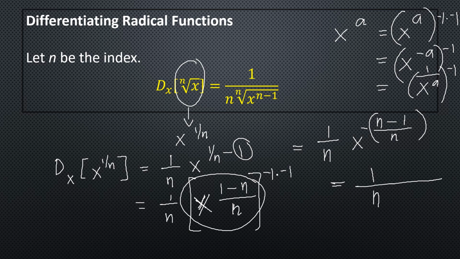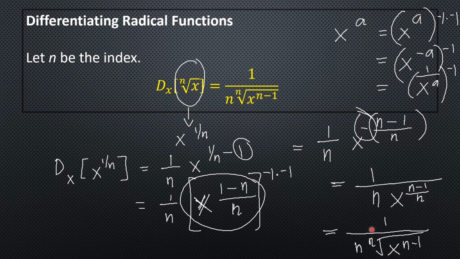So when we bring it down, this negative sign becomes positive. So we have x raised to n minus 1 over n. And after that, when the exponent is fractional, it can become a radical number. So we have 1 over n times nth root of x raised to n minus 1. So the numerator becomes the exponent of x, and the denominator n becomes the index.